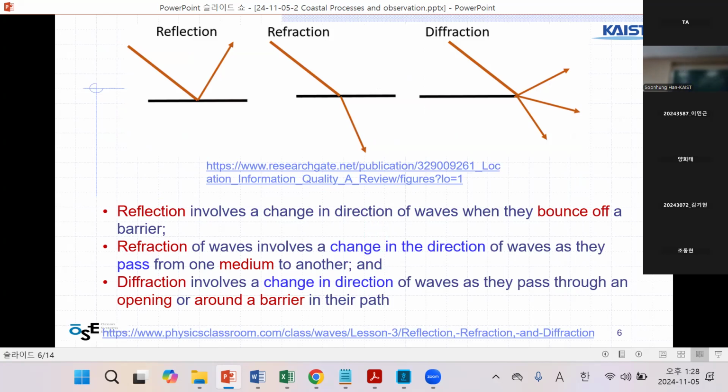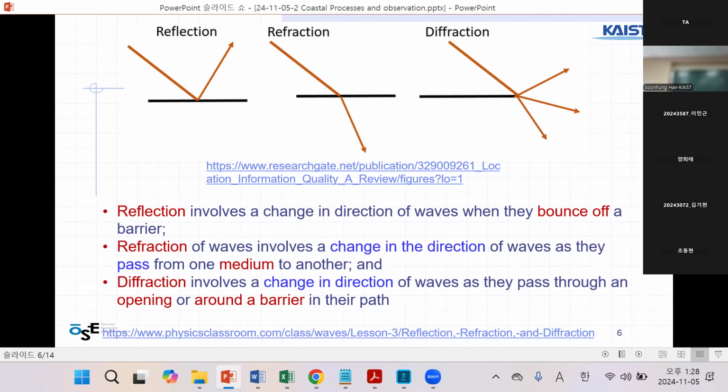So here it shows you air is here, water is there, right? So the density is different. So the wave changes direction because it passes through one medium to another medium, which has different density.